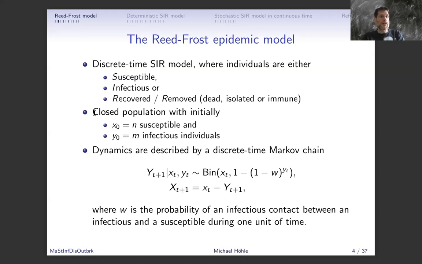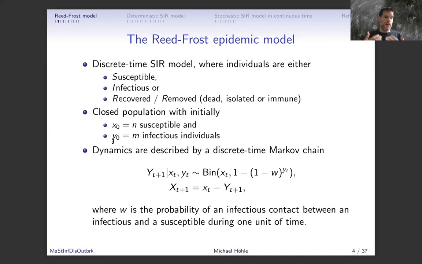So we will look at a closed population which initially has N susceptible and M infectious individuals. This is the initial condition at time 0. Then we will model the dynamics of the disease in discrete time, where each time step of the model corresponds to one generation time.